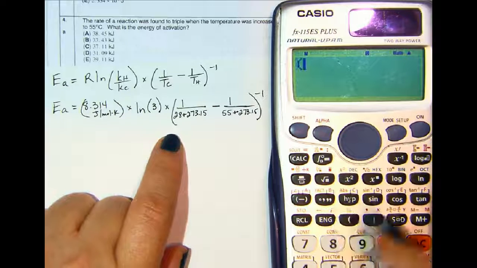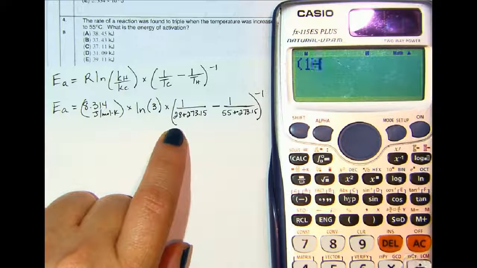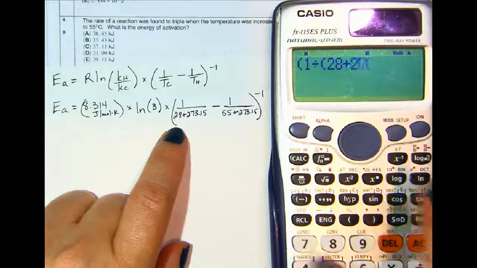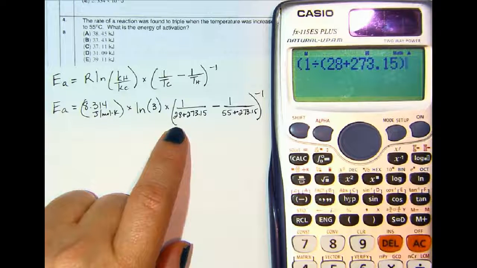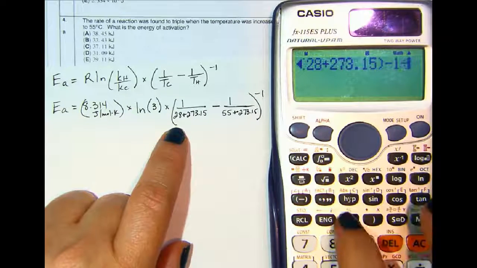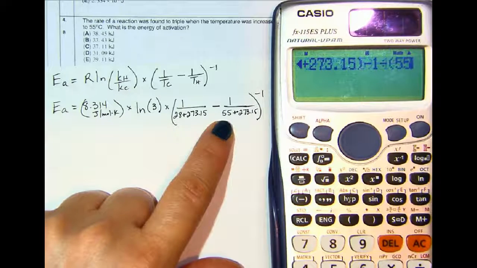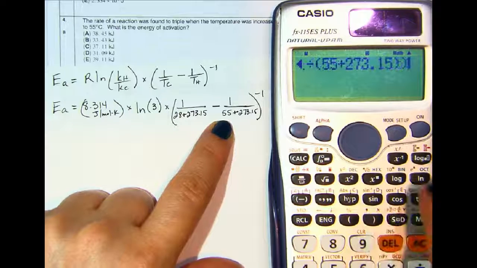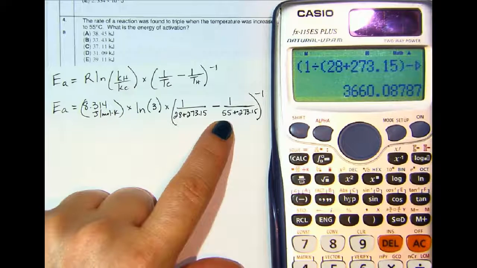I'll start with open parenthesis 1 divided by parentheses again 28 plus 273.15 close parenthesis minus 1 divided by open parenthesis 55 plus 273.15 close parenthesis, and all that to the negative 1 gives me 3,660.